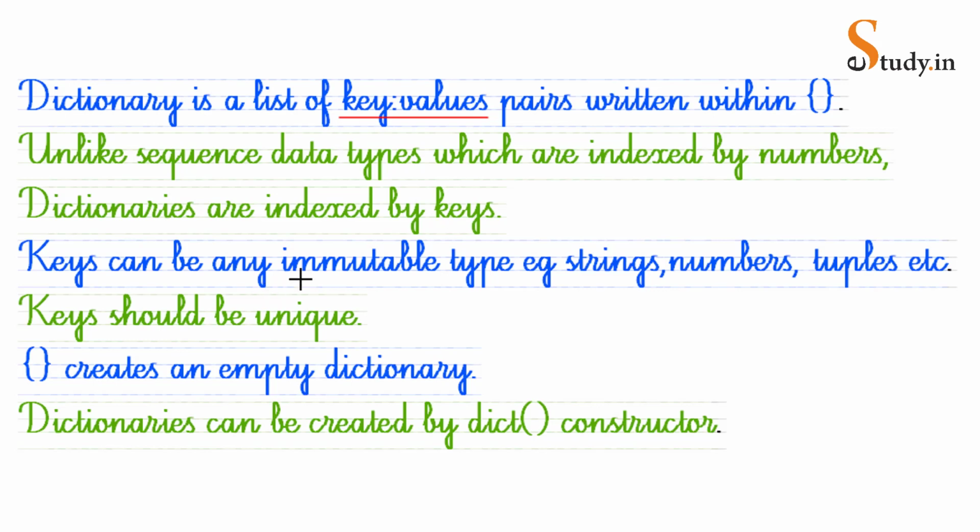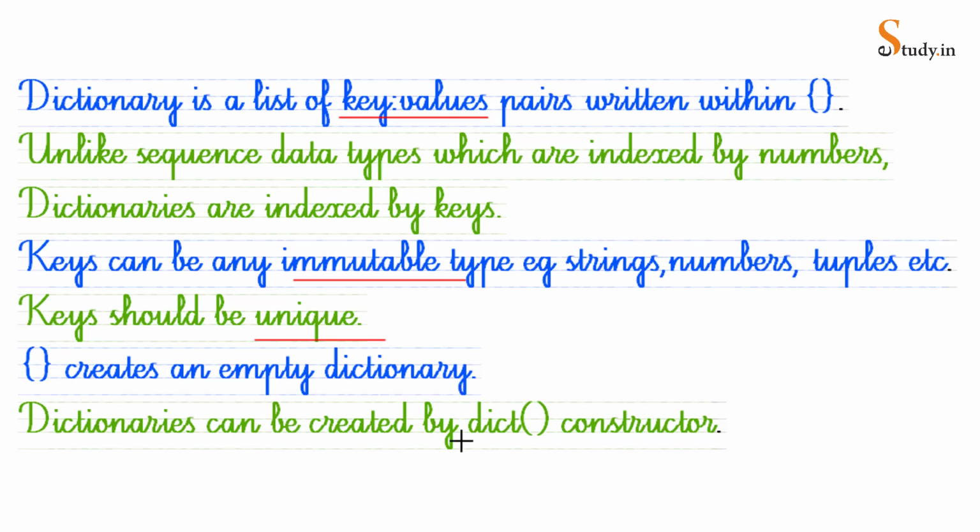Keys can be any immutable data types, such as strings, numbers or tuples. The key has to be immutable and keys should be unique, so we cannot have duplicate keys in dictionaries. If you want to create an empty dictionary, as I told you in the previous video when we did sets, just write empty curly braces and it creates an empty dictionary.